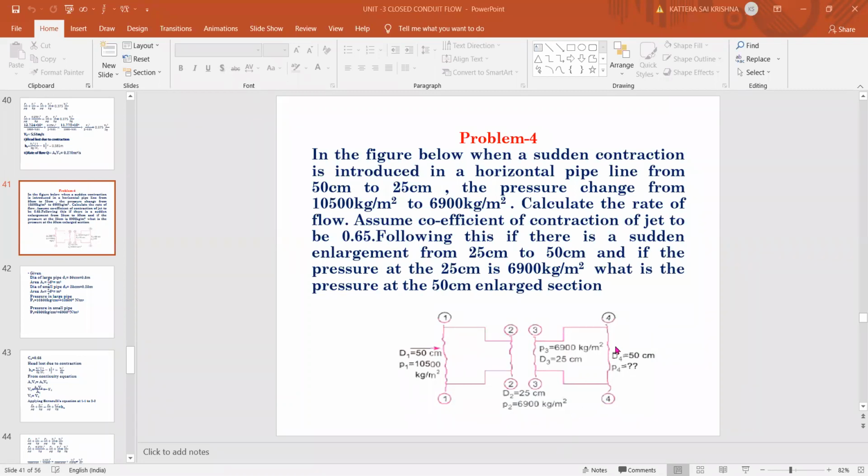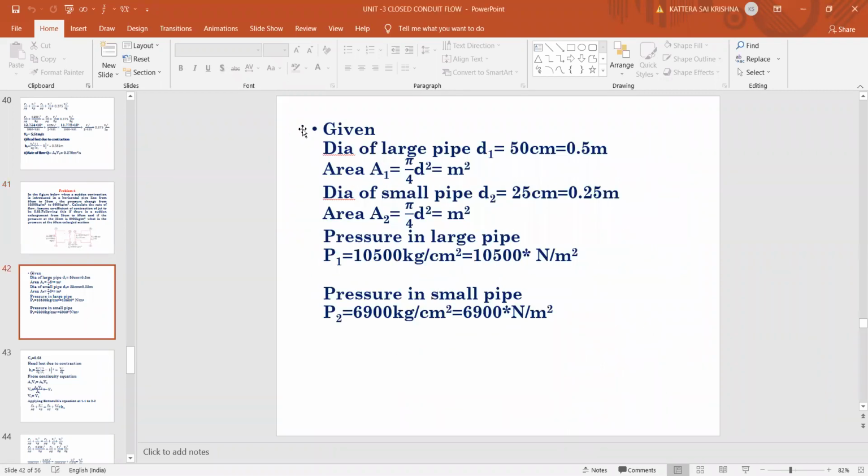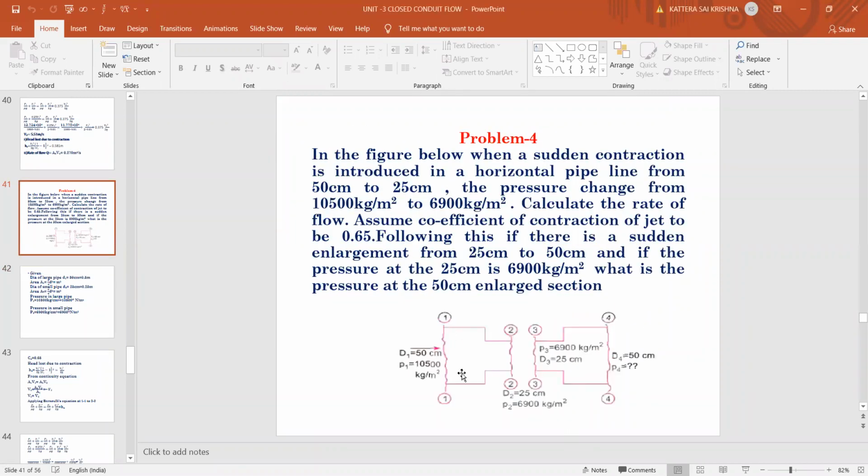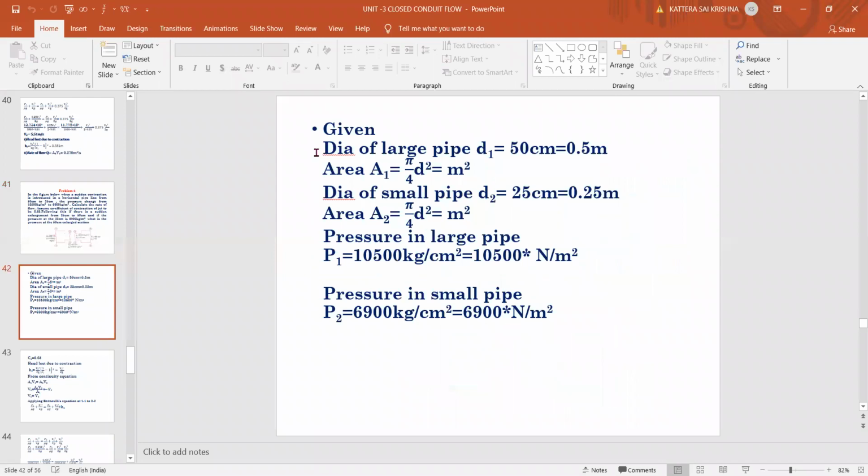Okay, then you can write down the given data. Yes, I will go for the next slide. Shall I wait here for the question? Anybody still writing the question can inform me, or else I will start with the given data.